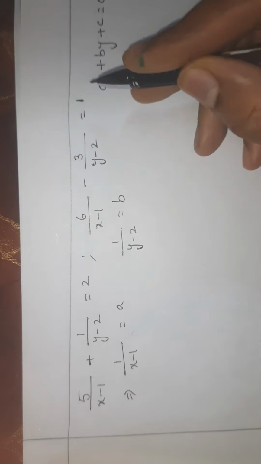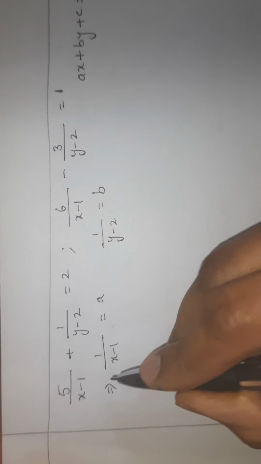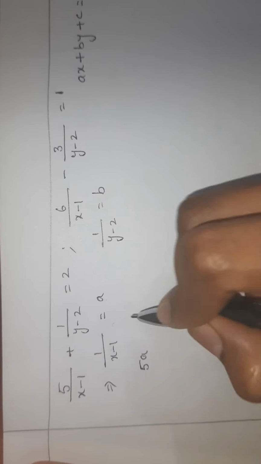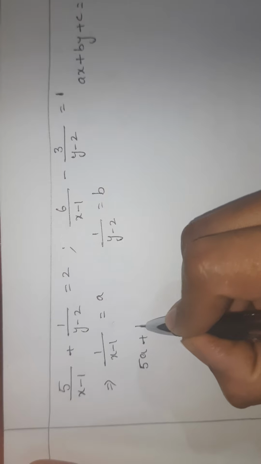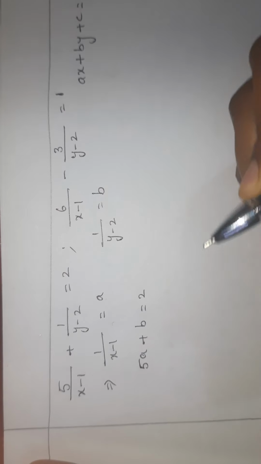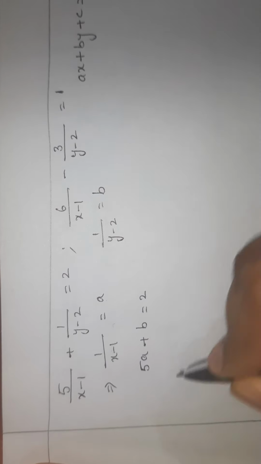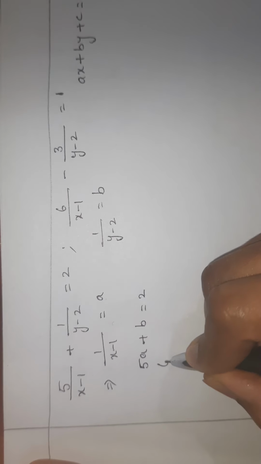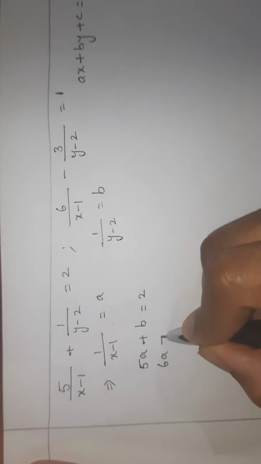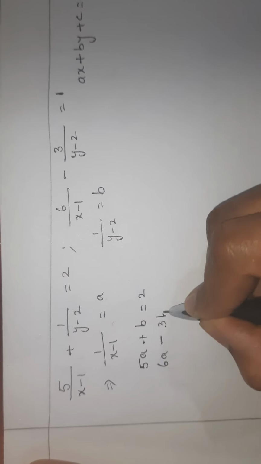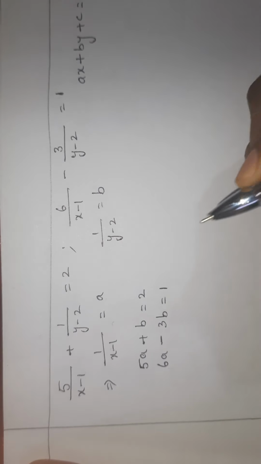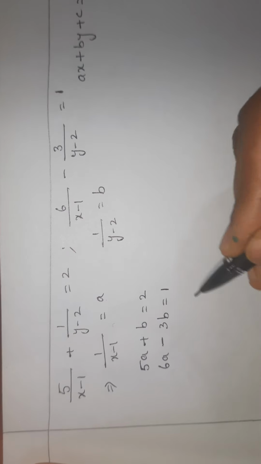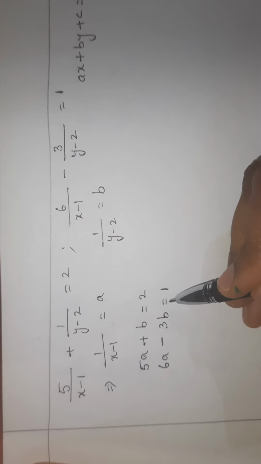Then these two equations will transform into 5a plus b is equal to 2. Next, the second equation will become 6a minus 3b is equal to 1. So these are the new equations we have transformed.